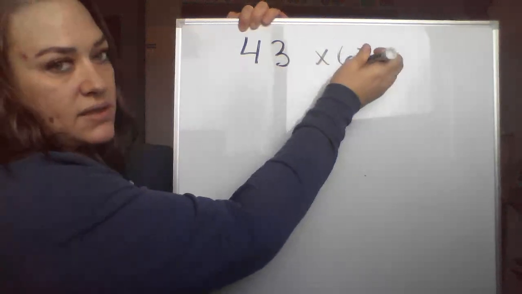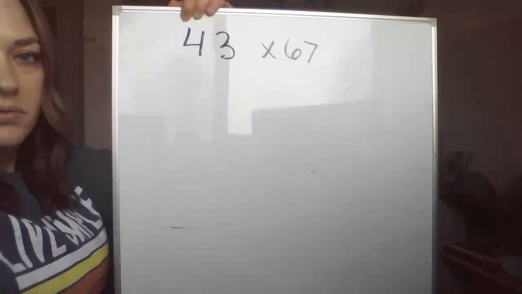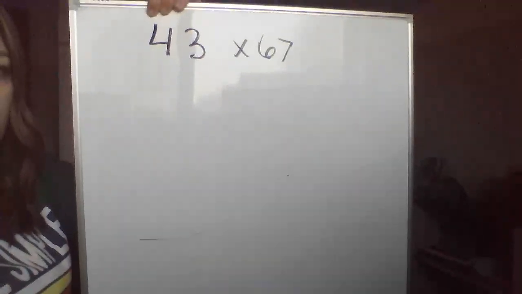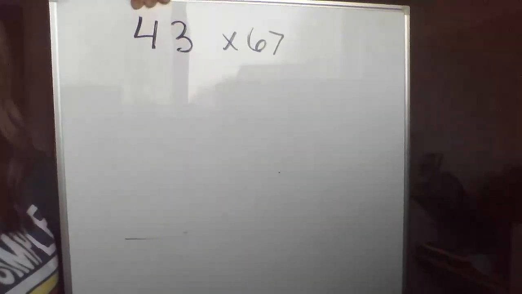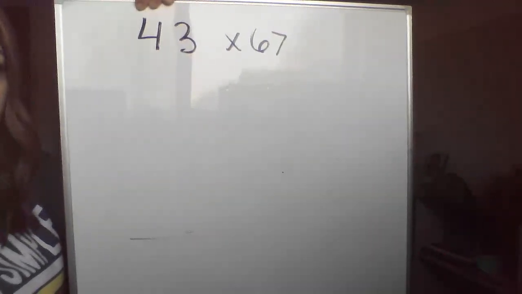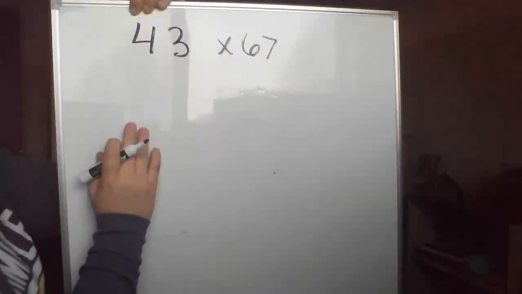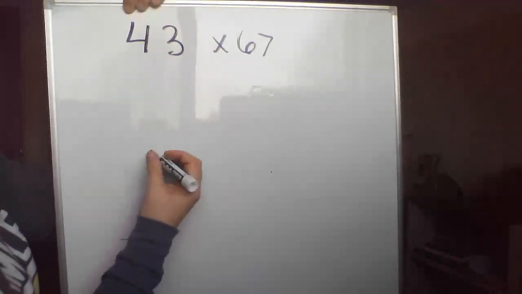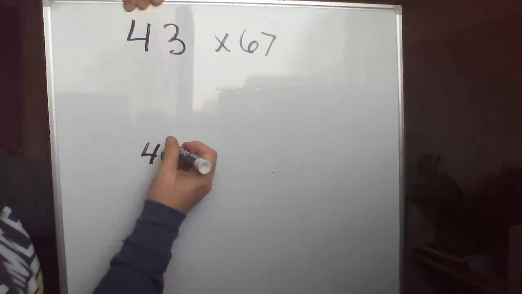All right, so this is going to be 43 times 67. 43 multiplied by 67. Someone said it was hard to see last time, so I'm trying to make sure you guys can see nice and close to the board. All right, so we're going to take this, break it into tens and ones. So we have 43.